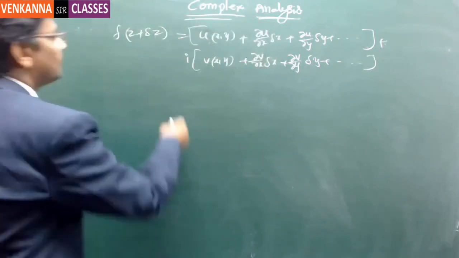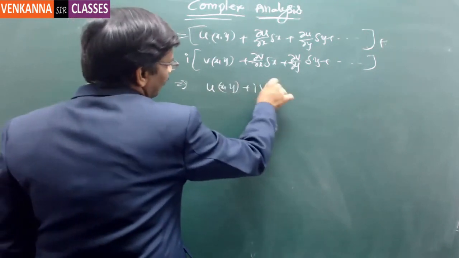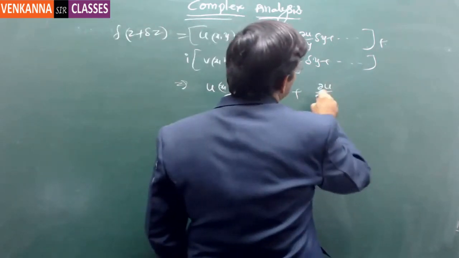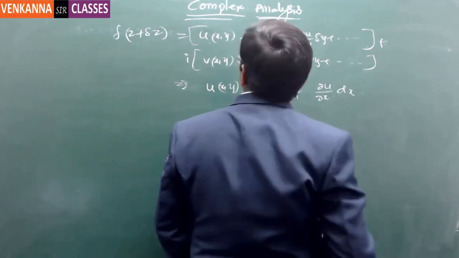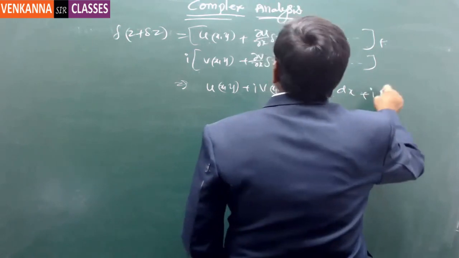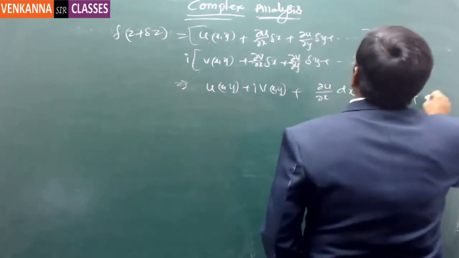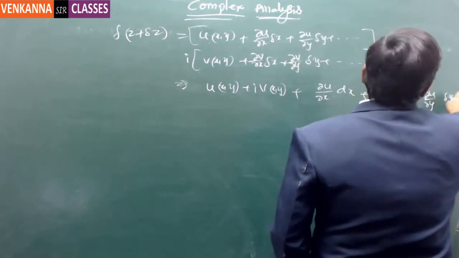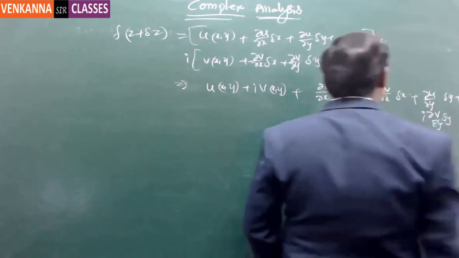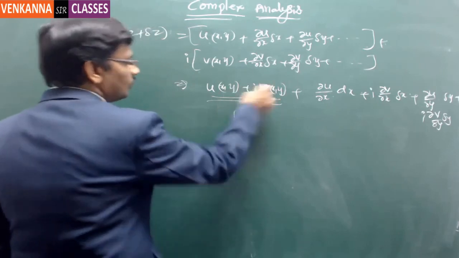And then if you further simplify it, u of x comma y plus I times v of x comma y plus dou u by dou x into dx plus I times dou v by dou x into dx plus dou u by dou y into delta y plus I times dou v by dou y into delta y. Right? So this can be expressed as f of z, because u plus iv is f of z.